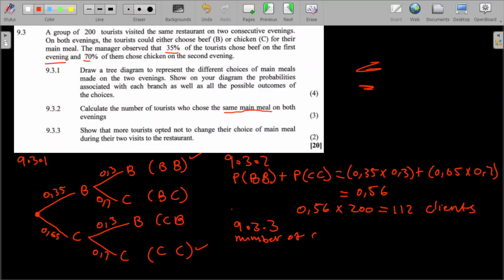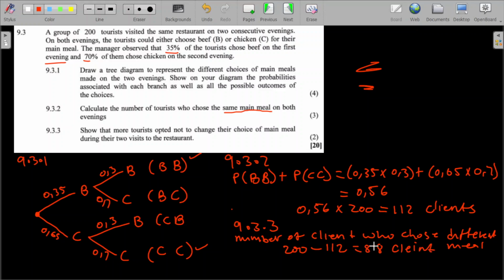Remember I have 200 clients, so this is 200 clients minus, remember, these are the clients who chose the same meal. If I subtract the ones who chose the same meal, I'm going to get the ones who chose a different meal, which is going to give me 88 clients.